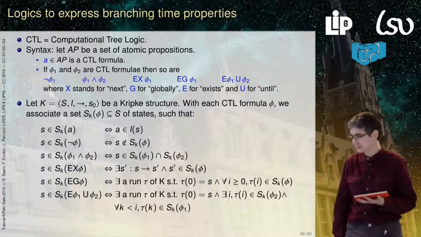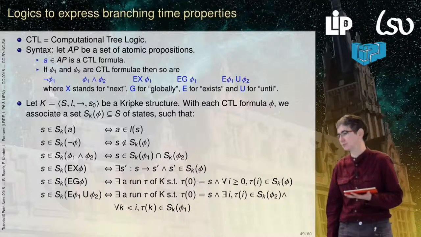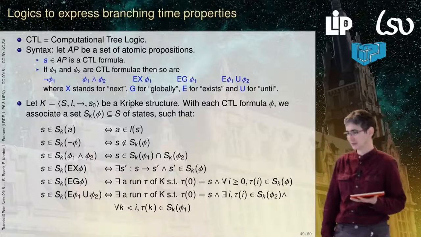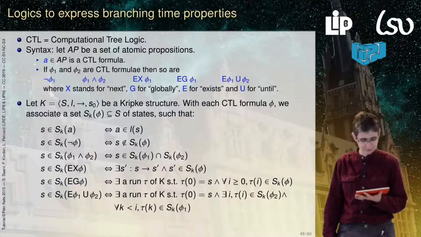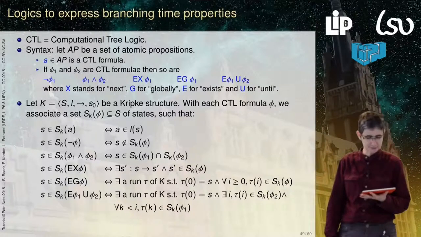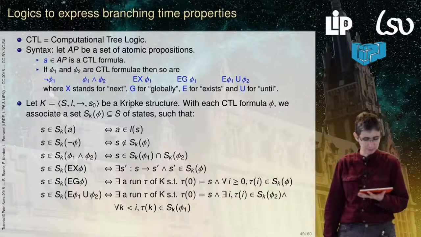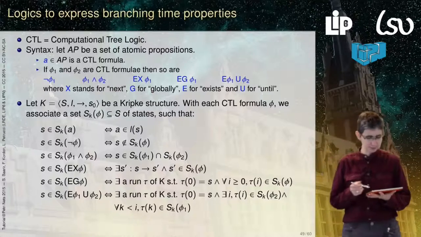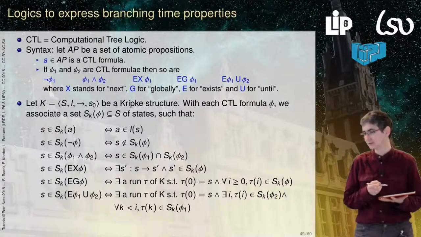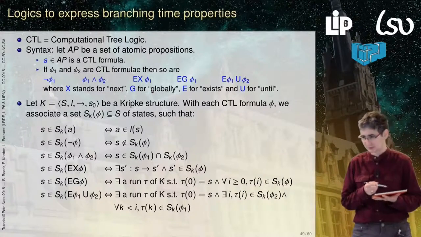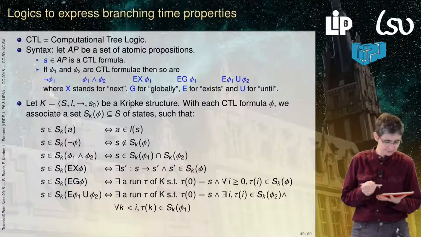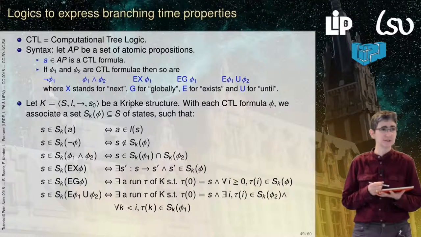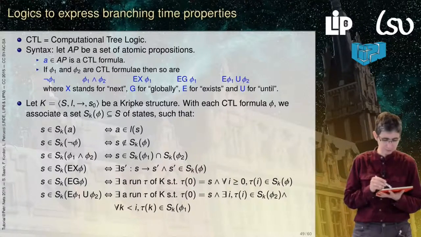phi 2. Similarly to what we did for LTL, we can associate with a CTL formula the set of states that satisfy it. A state satisfies an atomic proposition if the atomic proposition labels this state. It doesn't satisfy the formula if the state is not in the set of states satisfying this formula.